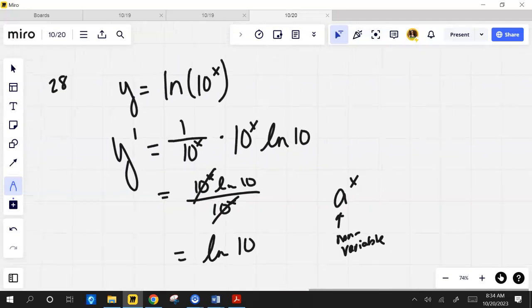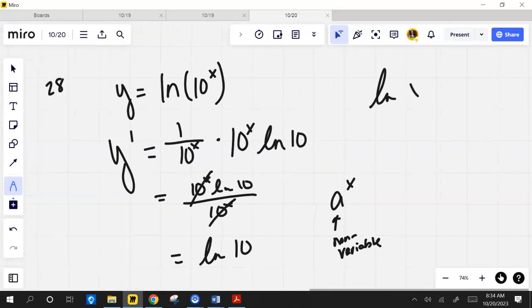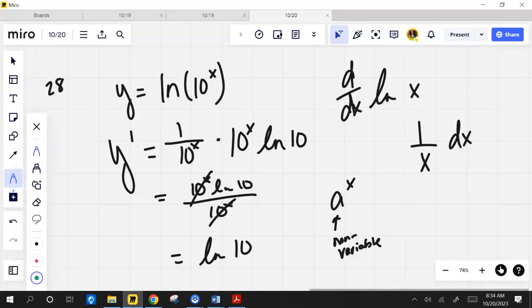What I'm doing is, remember, if I've got the log of x and I take the derivative of this, it's going to be 1 over x, but then I have to follow it with the derivative of x. It's just because what was in parentheses here was something more than just x. So that's why I followed it with the derivative of that.